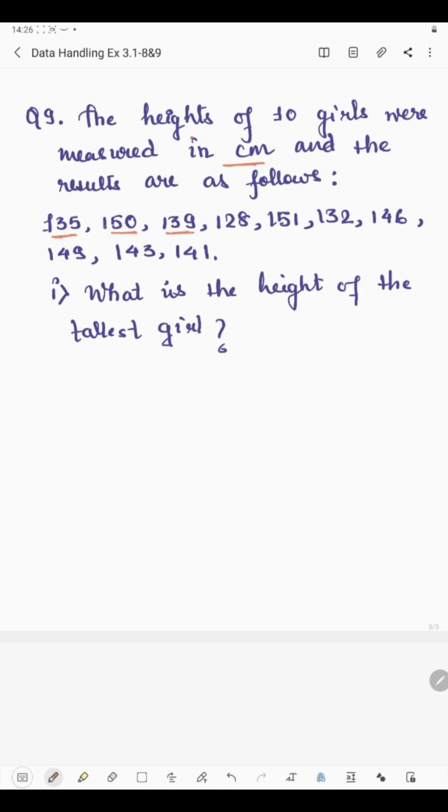So here 135, 150, 139, 128, 151, and then 146, 149, 143, and then 141. So 151 is the highest. This is the largest number. So the height of the tallest girl will be 151 centimeters.